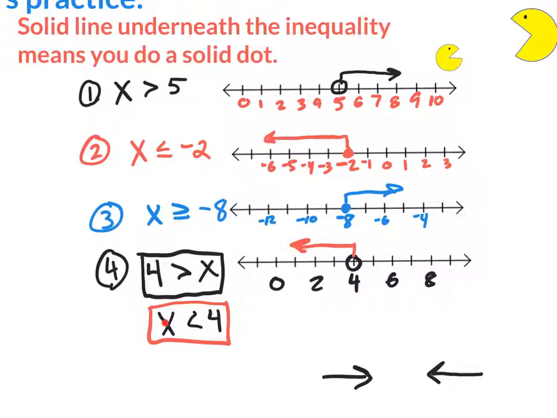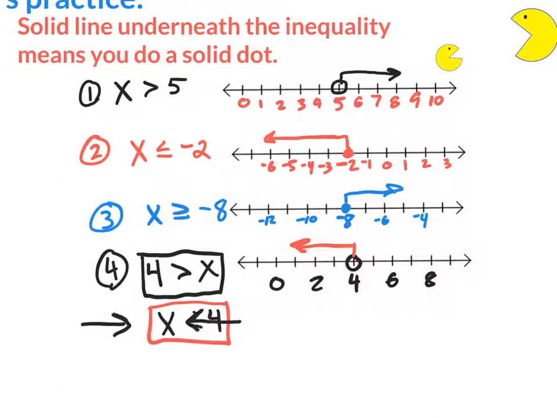If you do get the variable on the left side, some students see this inequality and envision an arrow, and that kind of helps them graph. So for example, x is less than 4. They see the inequality as an arrow telling you to go that way, to the left.